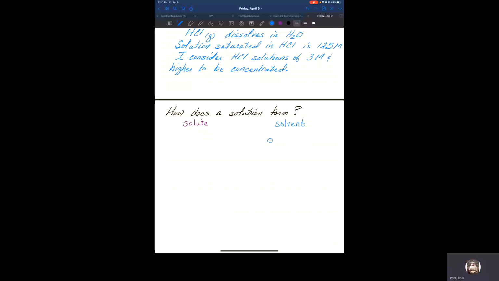Okay, so I've got these bluish circles here of solvent molecules, for lack of a better way to draw them. And remember, between them we have these intermolecular forces.